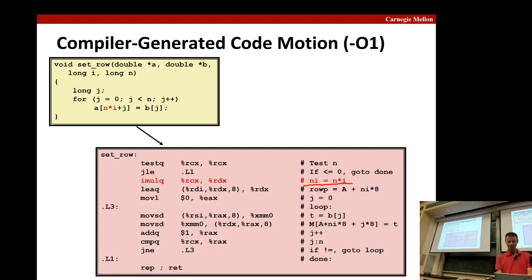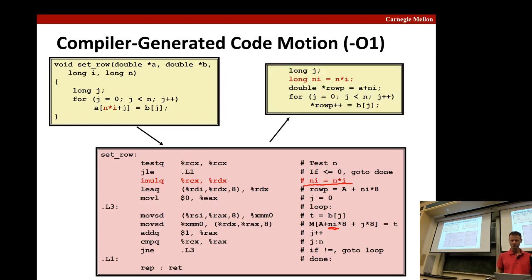We go into this loop, we do this multiply, we compute this address, and then we go inside the loop. You can see that it's using the ni that's pulled out from inside the loop. And that's equivalent to having changed the C code as shown there.